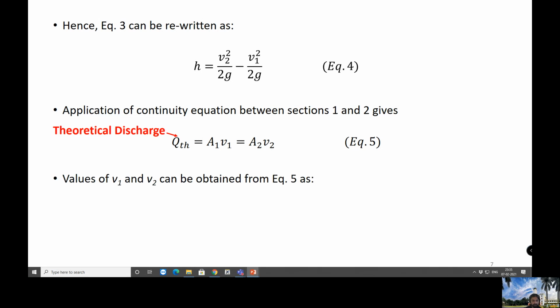Now we can write V1 in terms of V2 or V2 in terms of V1. So we can write V1 as Q theoretical by A1, or V2 as Q theoretical by A2, from equation number 5. Or we could have also done A1 V1 by A2 is equal to V2.